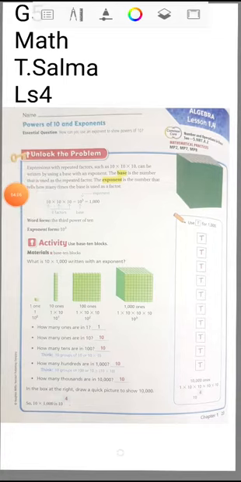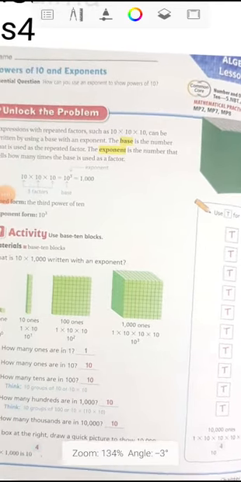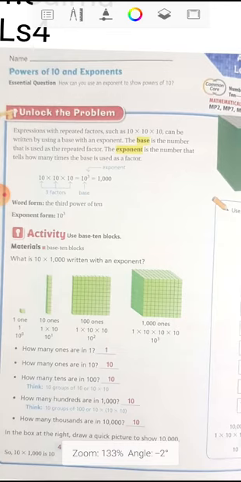Now let's see page 23 here. Look, in this page he told me that if you multiply 10 here 3 times by each other, there is no need to find the full answer, which is 1000.